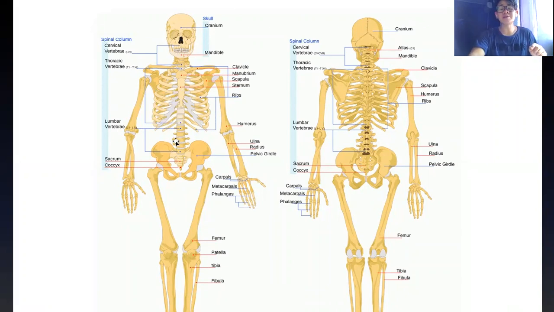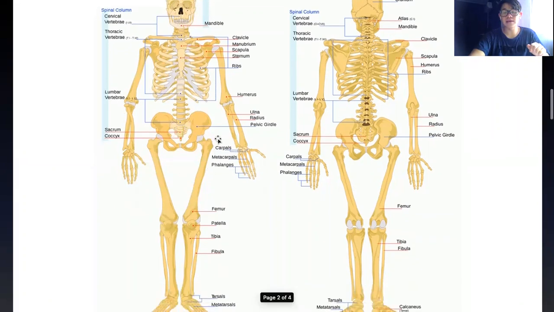And for some reason, they also ask you about your pelvis, because the pelvis has slightly different types of joints, which we'll look at later, what joints are, compared to your arms. So you should know about joints and the pelvis, right?